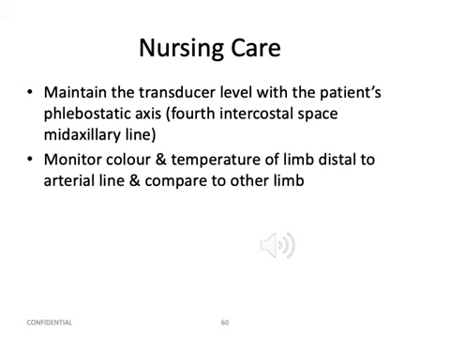Also in nursing care we need to maintain the transducer level with the patient's phlebostatic axis for zeroing and leveling, which is very important. We need to monitor the color and the temperature of the limb distal to the arterial line and compare it with the other limb, the other hand or leg.